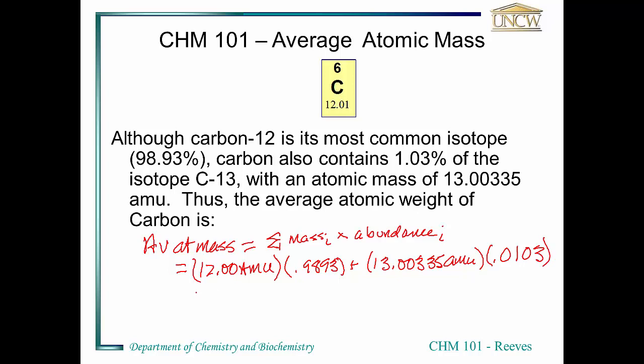And if you do that arithmetic, it turns out that you get 12.01 AMU as the average atomic mass of carbon. The other 0.04%, this doesn't quite add up to 100%, the other 0.04% is carbon-14, which is radioactive. And in fact, one of the ways we do radioactive dating is with carbon-14.